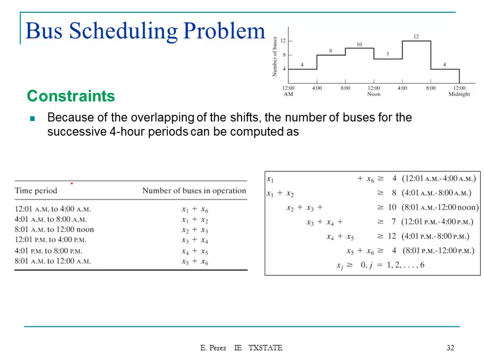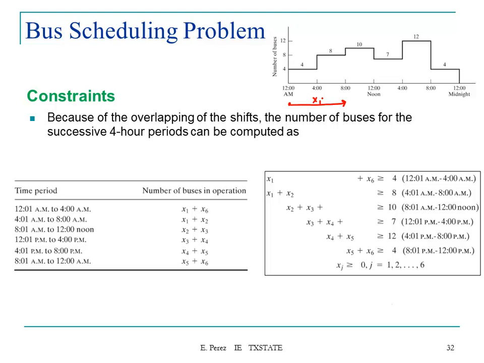So because of the overlapping of the shifts, the number of buses for the successive 4-hour periods can be computed as this table. So you know that from 12 to 4 a.m., which is this time period, you're going to have the buses from the first shift. And you remember shift 1 goes from here to 8, right? So the buses for the first shift are going to be available during this 4-hour time period.